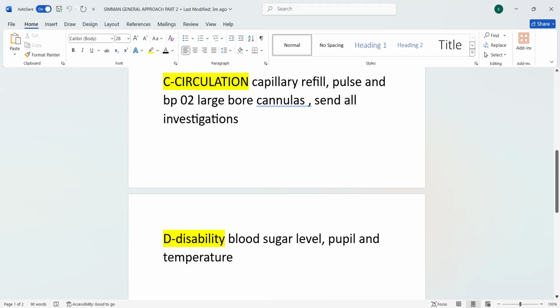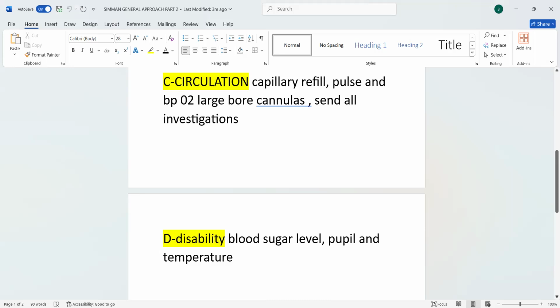The examiner will tell you that the pupils are bilaterally reactive, or constricted and reactive. And the temperature: if the temperature is normal, the examiner will not tell you anything about it. If the blood sugar level is normal, the examiner will not tell you anything else.